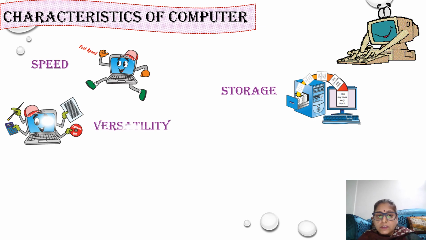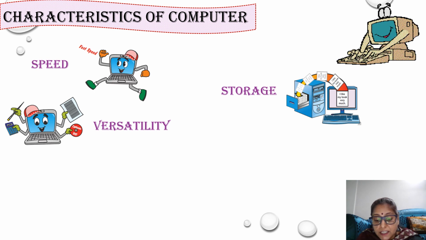Now the third feature is versatility. Children, versatility means computer can work in different places for different purposes. Versatility is one of the most wonderful features of computers. This means that computer has the ability to perform completely different kinds of work with the same accuracy and efficiency at the same time.